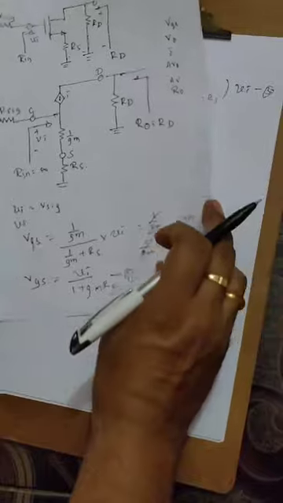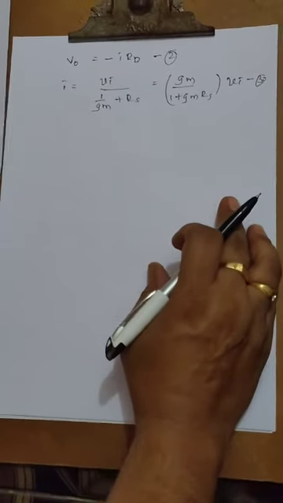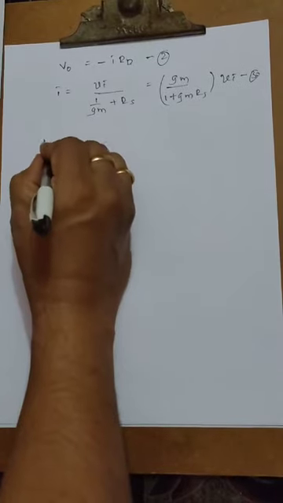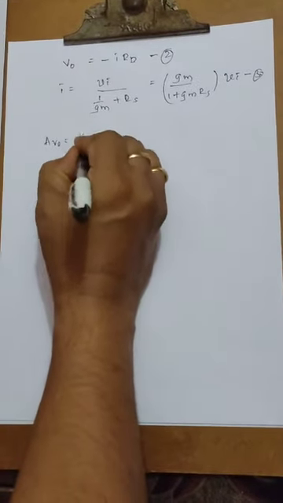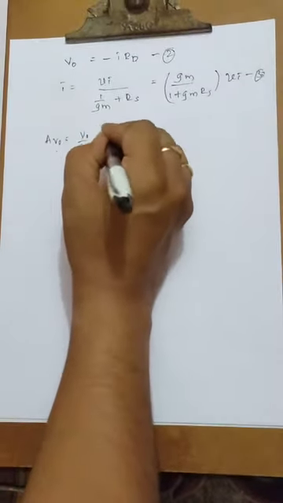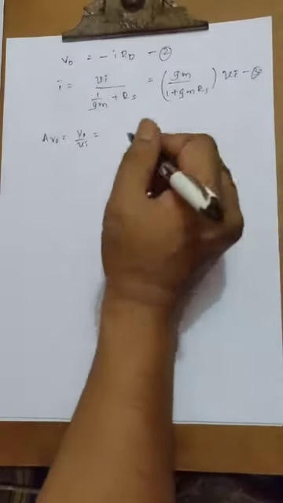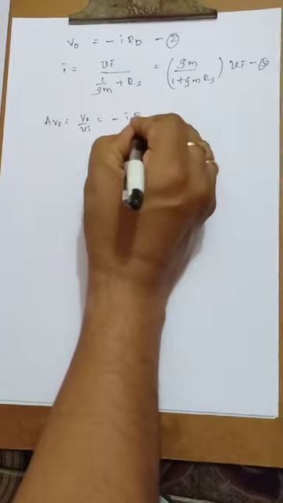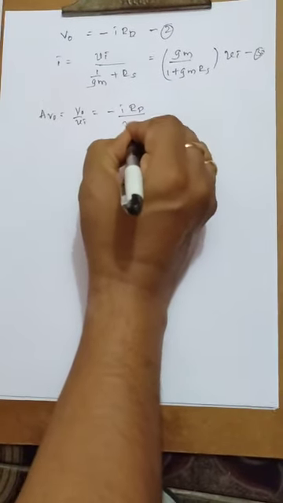Now the voltage gain AV0 can be found by the known equation, that is output voltage by input voltage. Hence V0 by Vi, that is output voltage, is equal to minus I into RD divided by Vi.